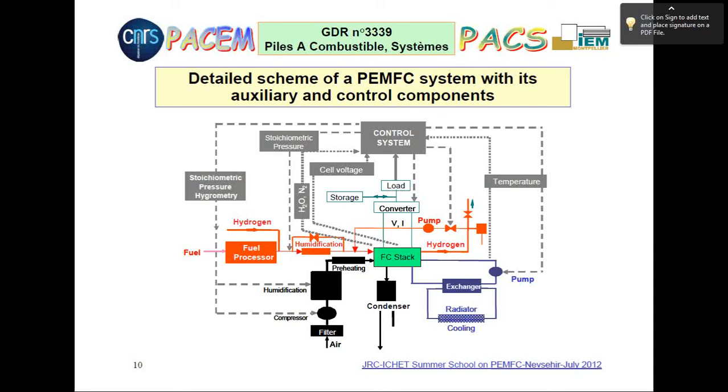Normally you have to adjust the voltage of the stack to the voltage of the load, so you have converters, AC/DC, DC/DC, DC/AC, and you have storage. Sometimes you need some energy to start, so you have a battery or supercapacitor for storage and for acceleration. And then you have a system control, which controls the stoichiometry, the pressure, the hygrometry, the temperature, the cell voltage, etc. So it is a very, very complex system.